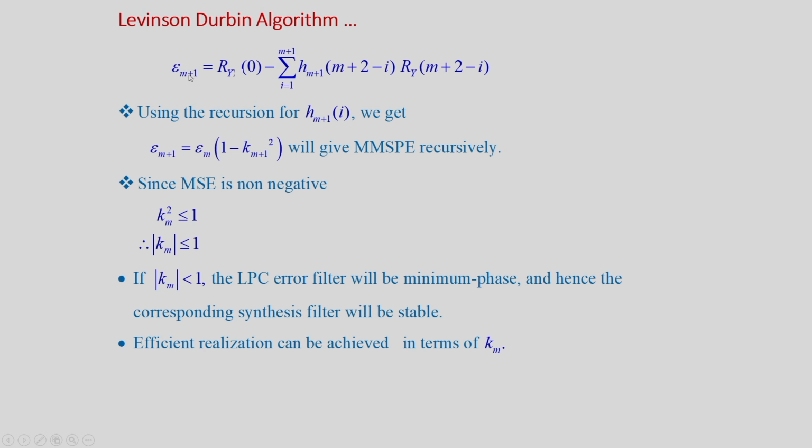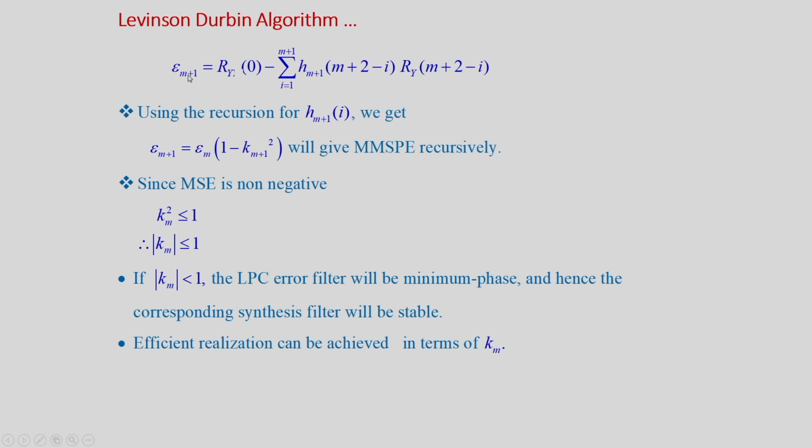Now, the mean square prediction error at order m+1 is given by R_y(0) minus the summation of h_{m+1}(m+2-i) into R_y(m+2-i), going from 1 to m+1. Now, using the recursion for h_{m+1}(i), we get this relationship.